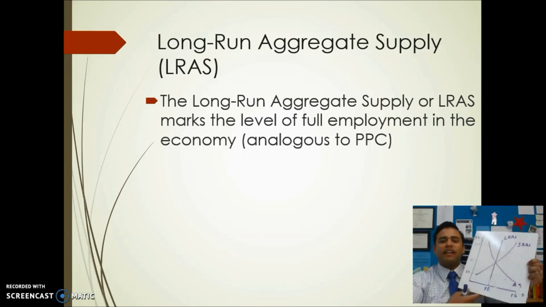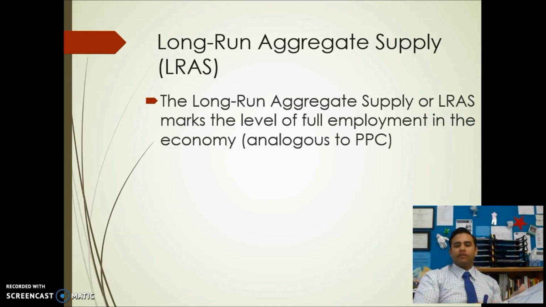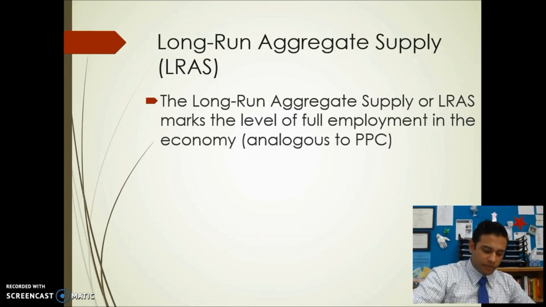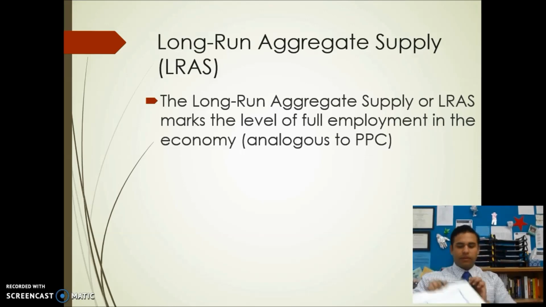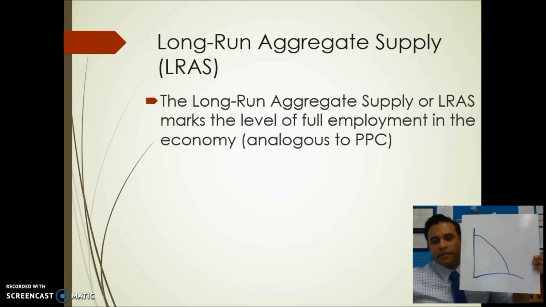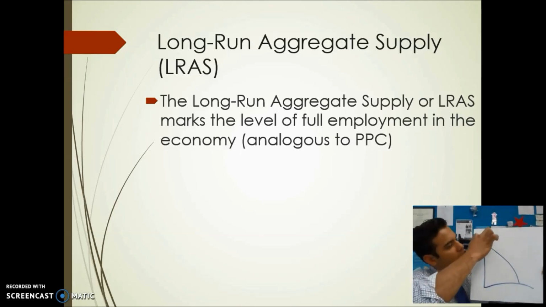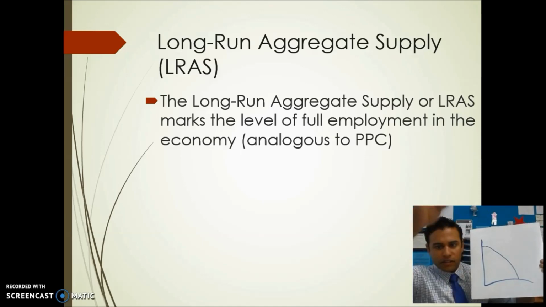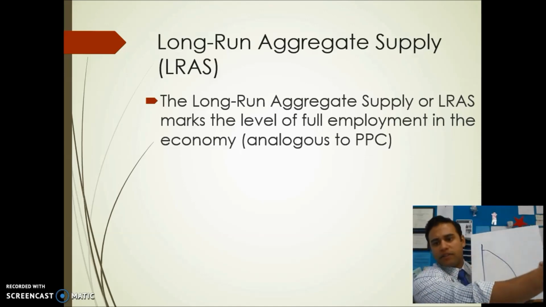And when I say that it's analogous to the production possibilities curve, what I want you to do is imagine a production possibilities model like this, and just pretend that you peeled it right off of here.